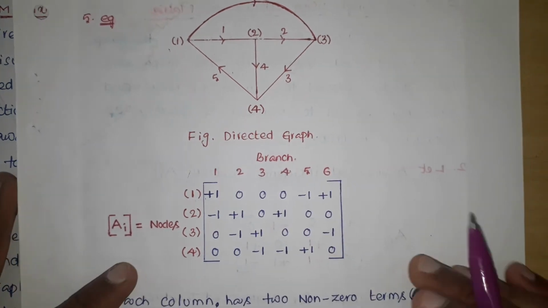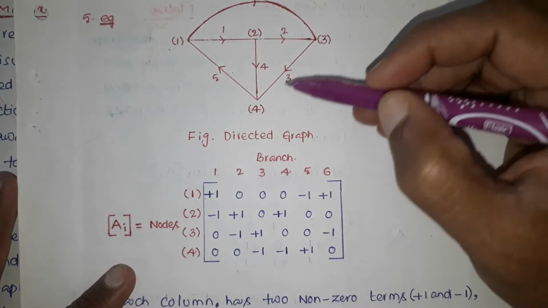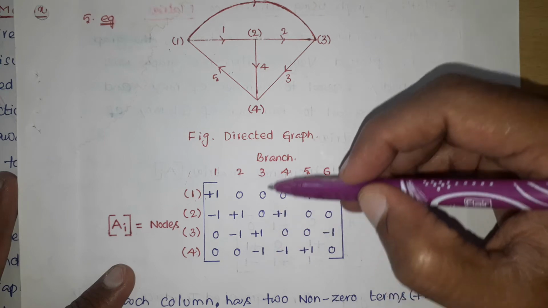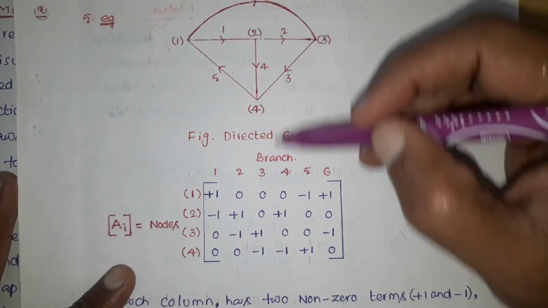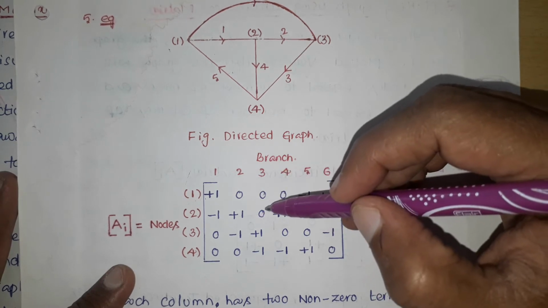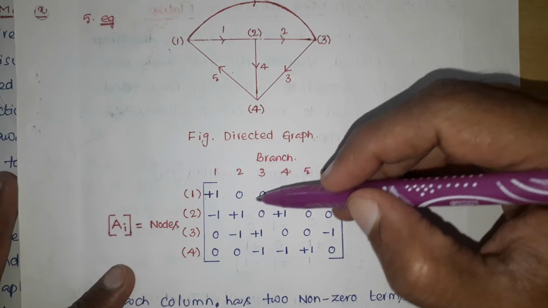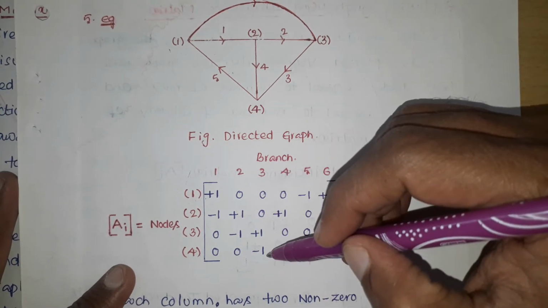Similarly, for the third column, the third branch is connected between 3 and 4. So 3 and 4 are non-zero elements, and 1 and 2 become 0. It is leaving the third node and coming to the fourth node, so the third node is +1 and the fourth node is -1.